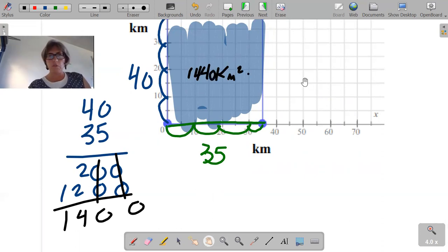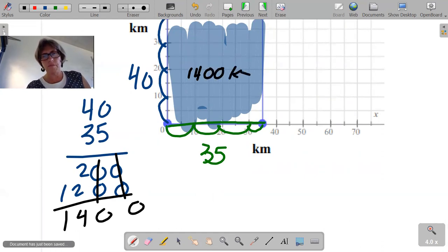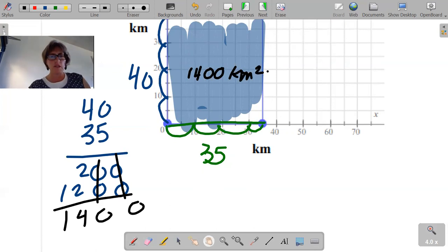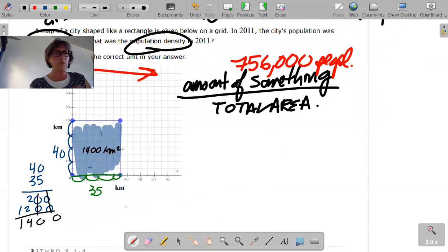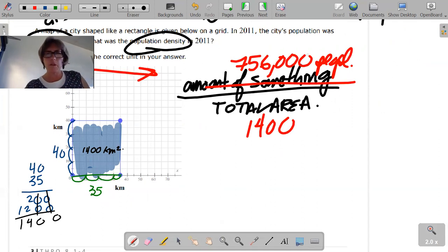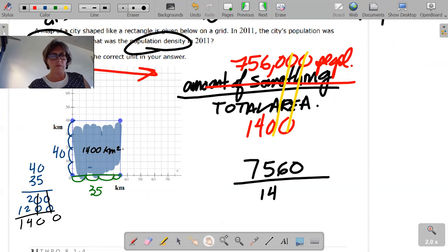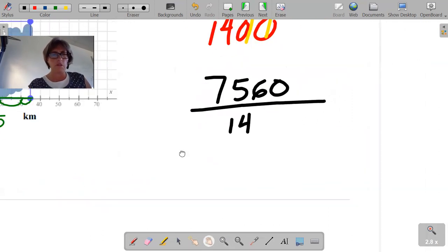And, excuse me, 1,400. Wrote that as 1,440. 1,400 kilometers squared. So density is, we're asking, how many people are there per square kilometer. I am going to cancel the zeros. So I have 7,560 over 14. I'm going to do this longhand here.